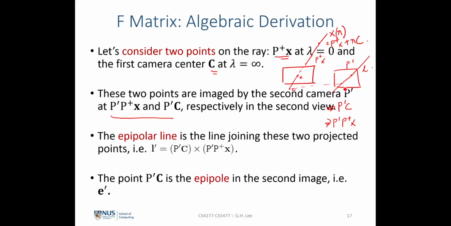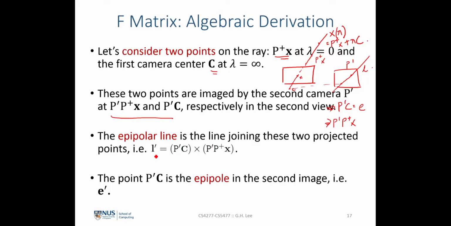And the reason why we call this particular point over here, which is given by P prime of C, the epipole, is simply because the definition of the epipole is the projection of the camera center from one view to another view. So this is exactly given by P prime multiplied by C over here.